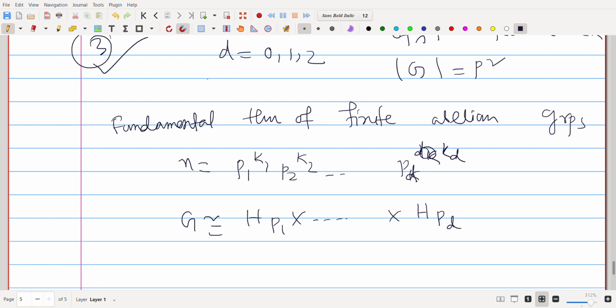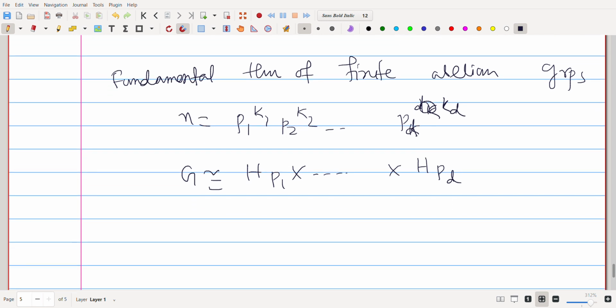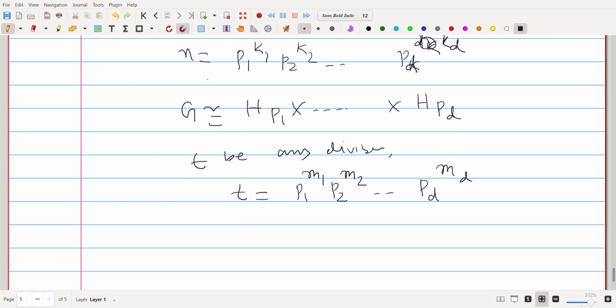Okay. Now say t be any divisor. Then t equal to p1 power m1, p2 power m2, up to pd power md, and since G is abelian, G is isomorphic to H_p1 cross up to H_pd.